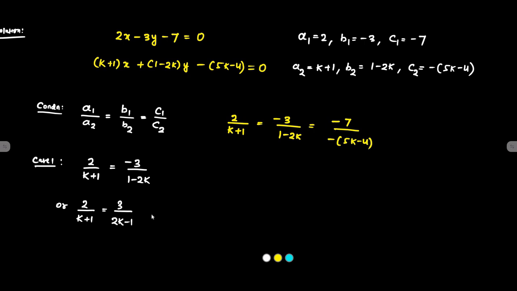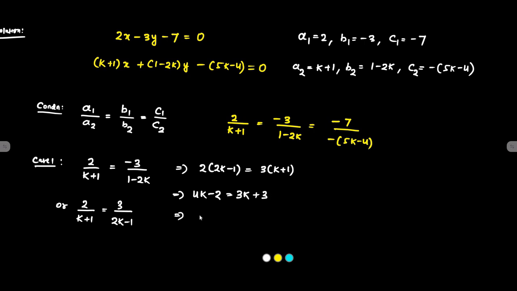That implies, cross multiplying, 2 into 2k minus 1 is equal to 3 into k plus 1. That implies 4k minus 2 is equal to 3k plus 3.